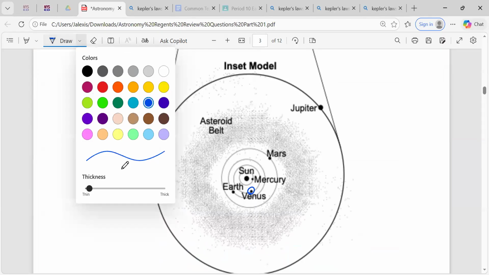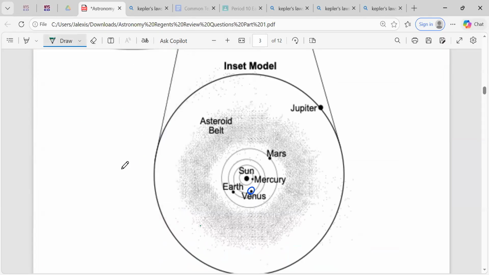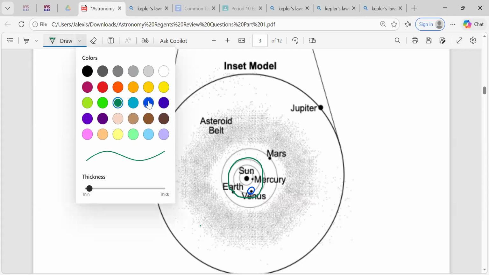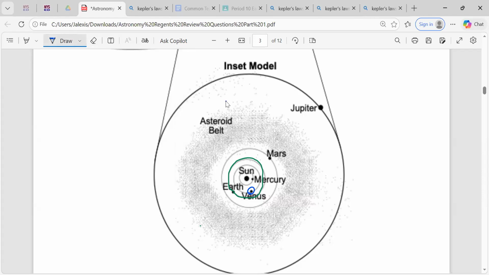All right. And I'm going to see Earth's orbit. I'm going to highlight it in green. And I'm going to highlight Venus's orbit in blue. Okay.